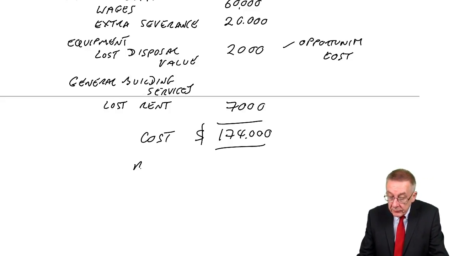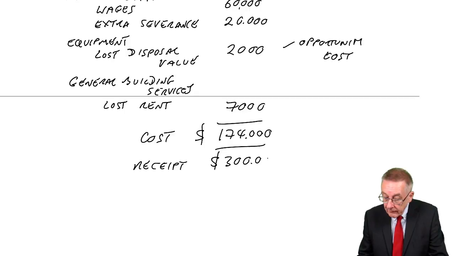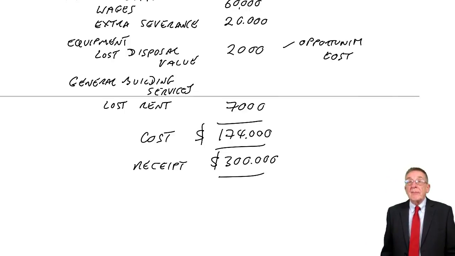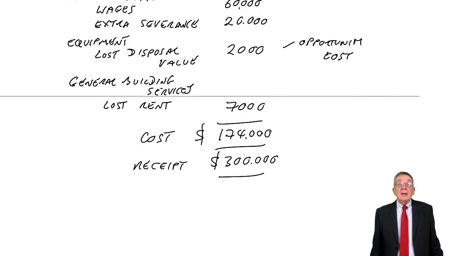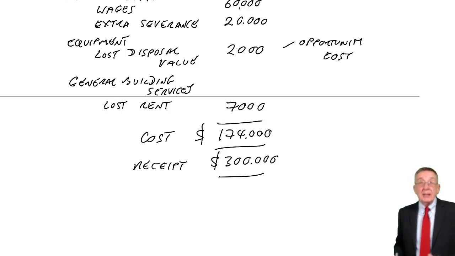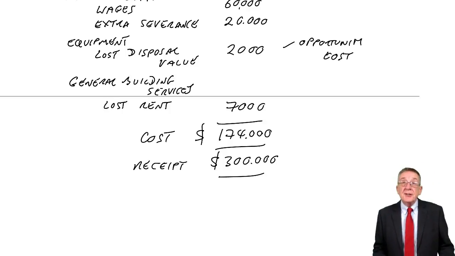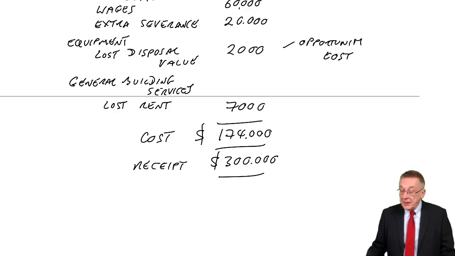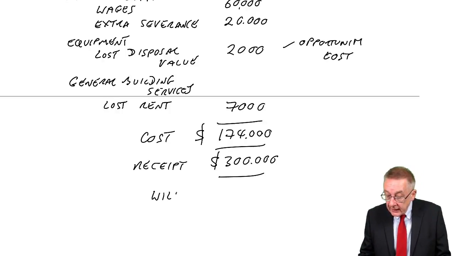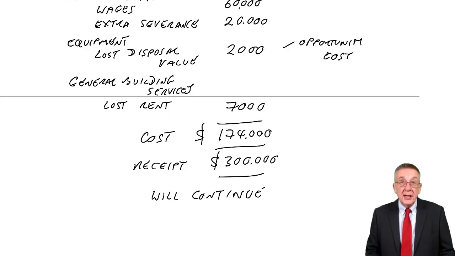The revenue, if we continue, would be 300. Well, I said at the beginning, if the costs are more than 300, it's not worth continuing. If they're less than 300, it is worth continuing. Here, we will continue. We will effectively do the project for another year.